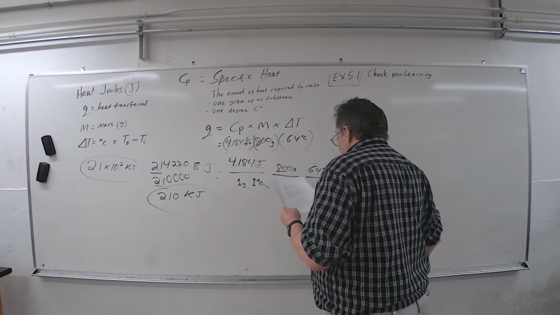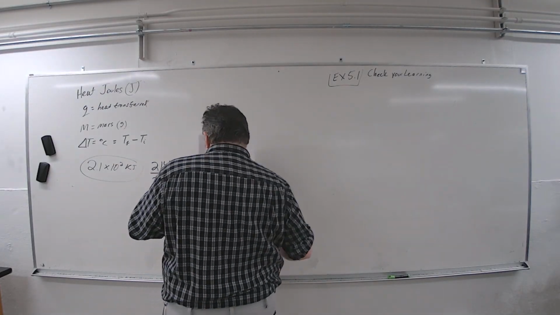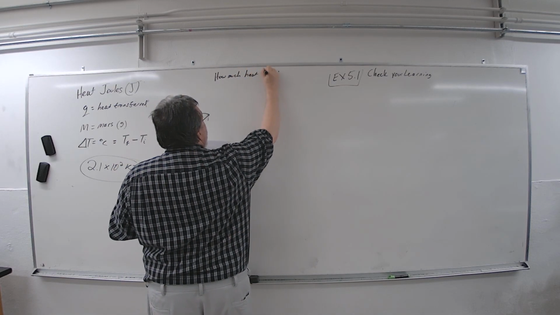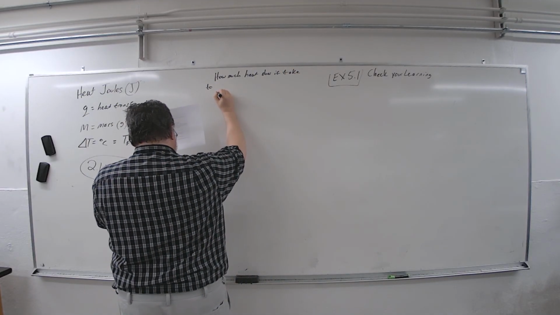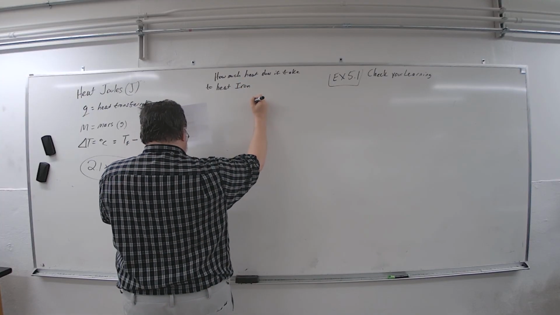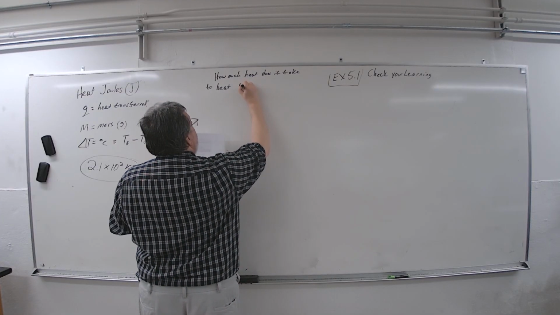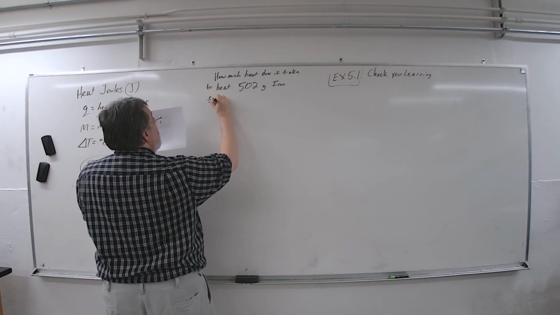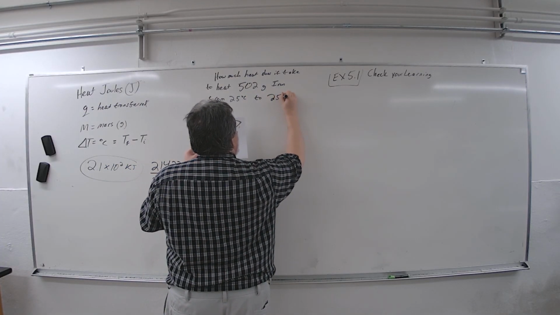Check your work. How much heat does it take to heat 502 grams of iron from its initial temperature to 250 degrees C?